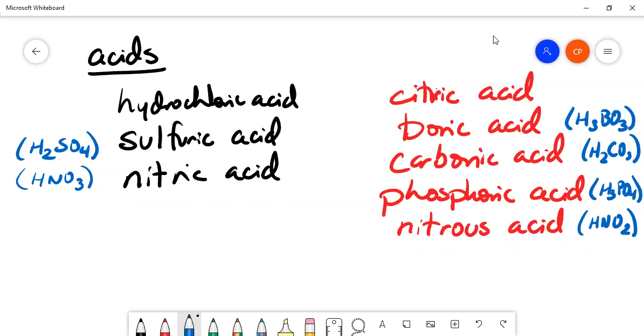How about hydro acids? How about acids that start with hydro as the prefix? What other acids act like that beyond hydrochloric acid? Take a guess if you're not 100% sure.